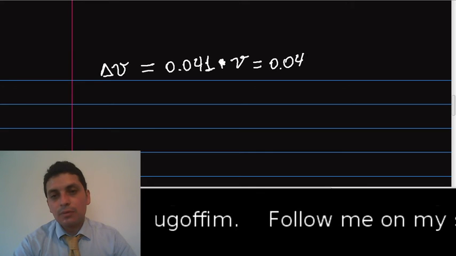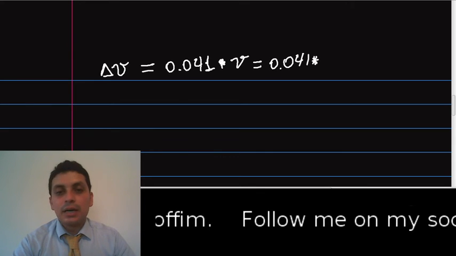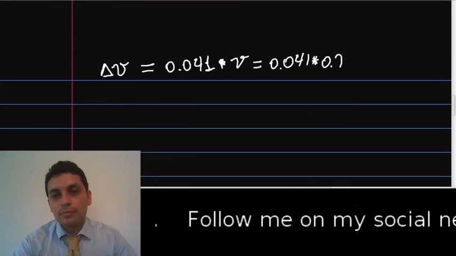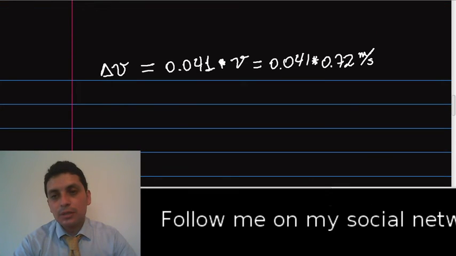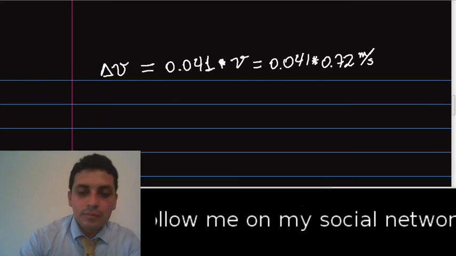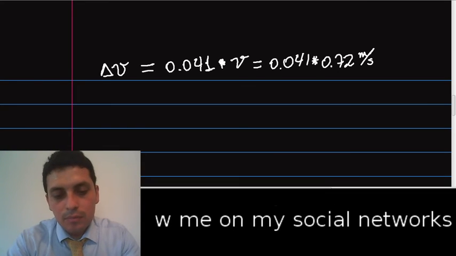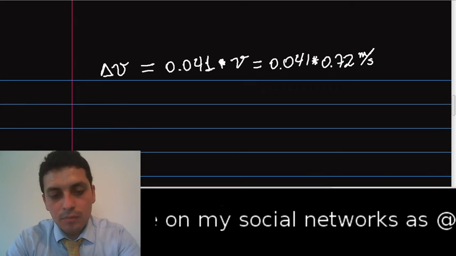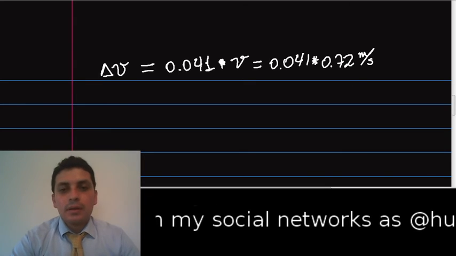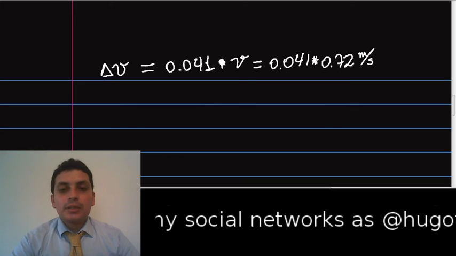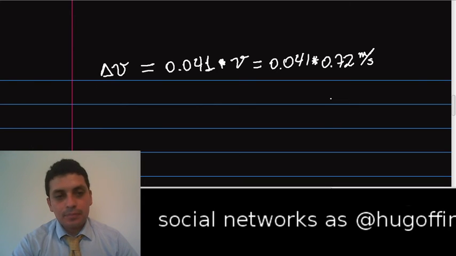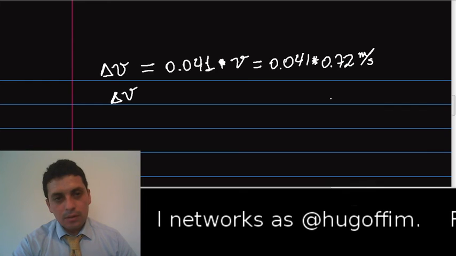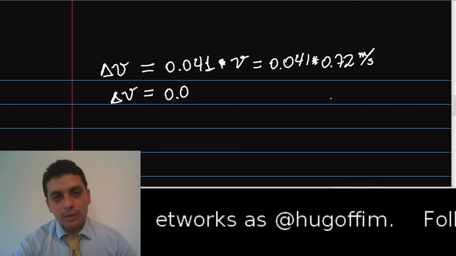So 0.041 times 0.72 meters per second gives 0.03.